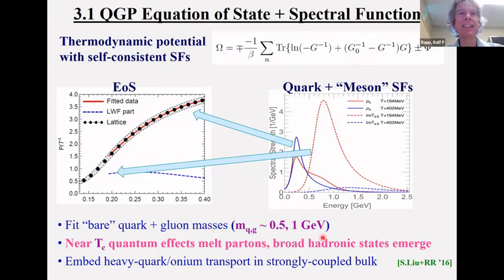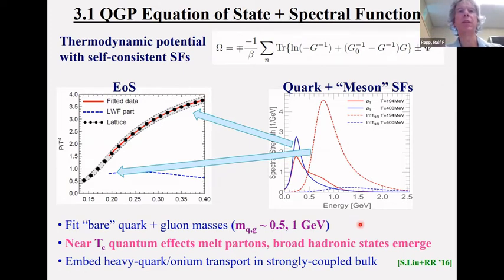So this again is a manifestation of quantum effects: the very large widths screen the quarks out of the degrees of freedom, and the degrees of freedom are taken over by the composite states.